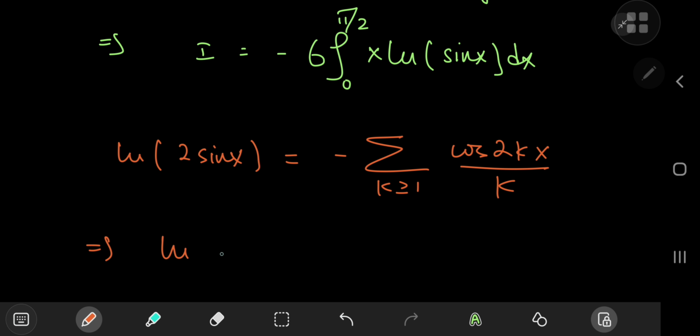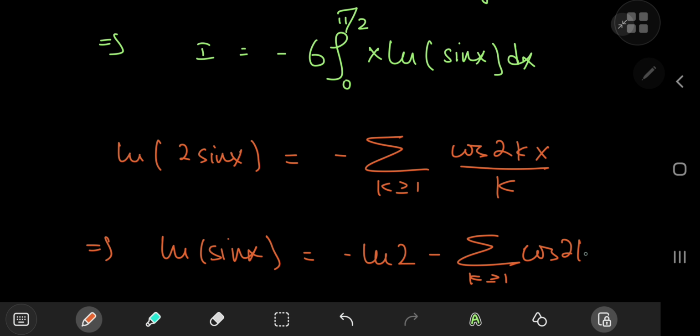And this implies that log sine x equals negative log 2 minus the sum over k of the cosine of 2kx divided by k.